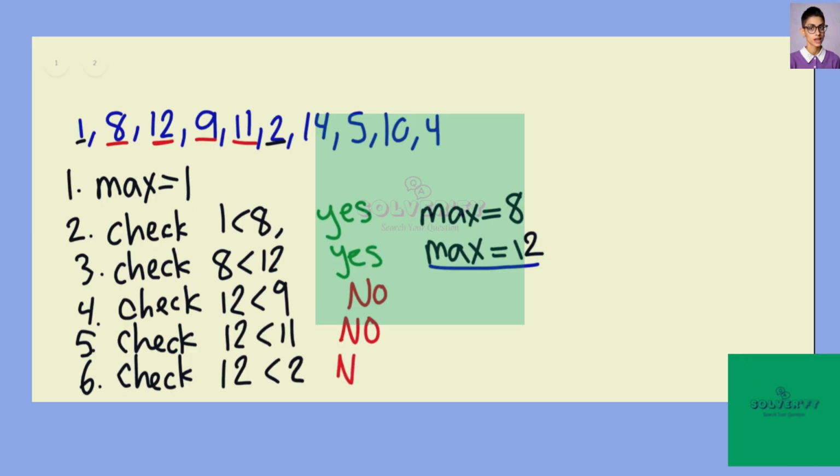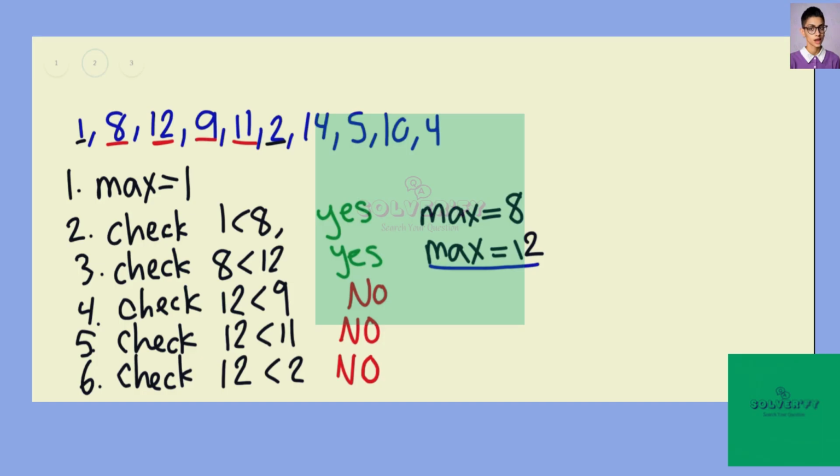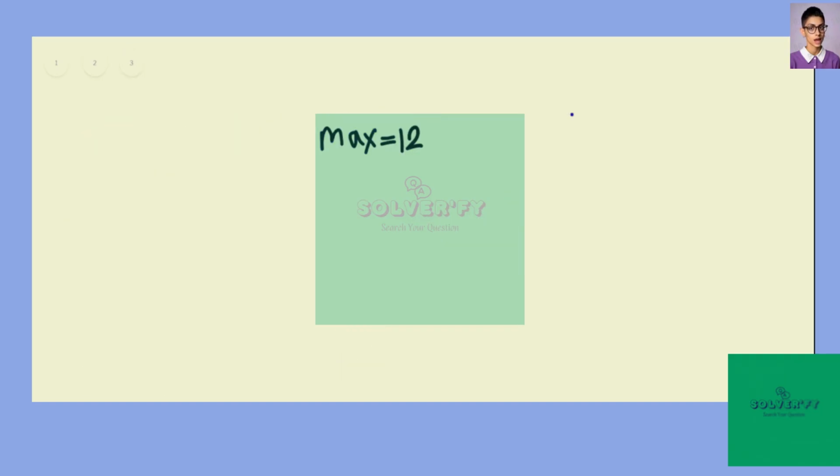Okay, so again, it's going to be no. All right, so I'm going to move on to a new page, but I'm just going to write a reminder here that our current max is equal to 12. Okay, and so we see then that the next elements in the list we still need to investigate are 14, 5, 10, and 4.